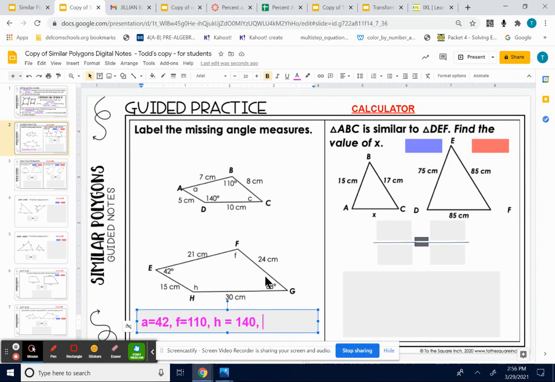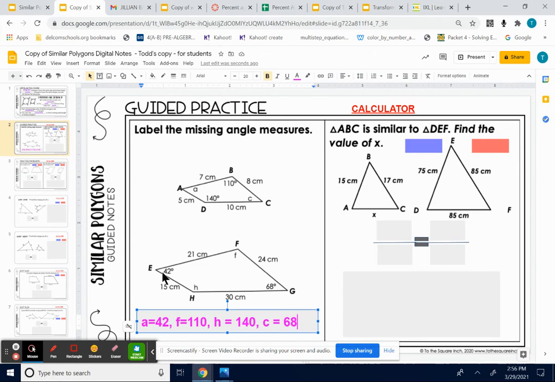See how they're in the same place? They have to be equal to each other. So angle C has to also equal 68 degrees. So when you have similar shapes, the angles that correspond to each other, which means they're in the same relative place, are equal to each other.